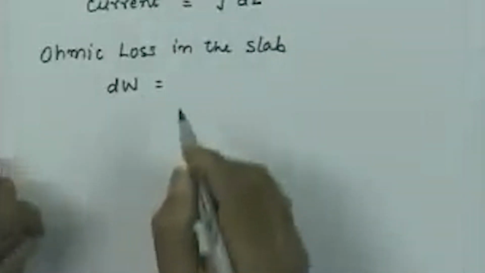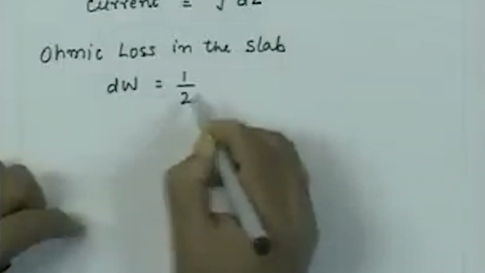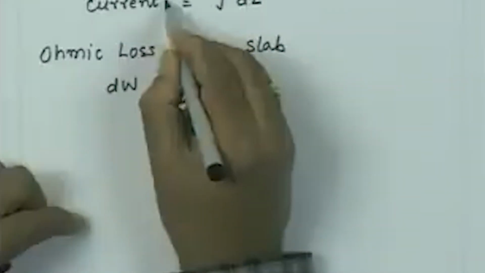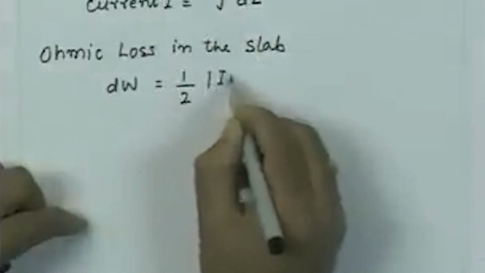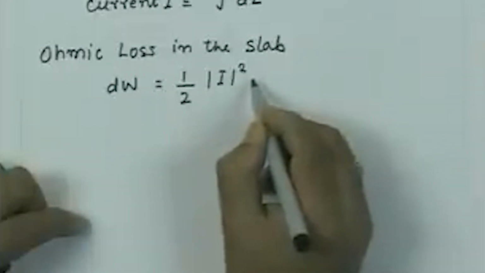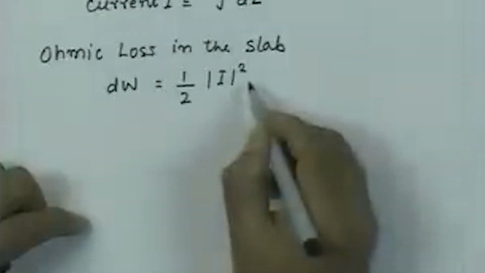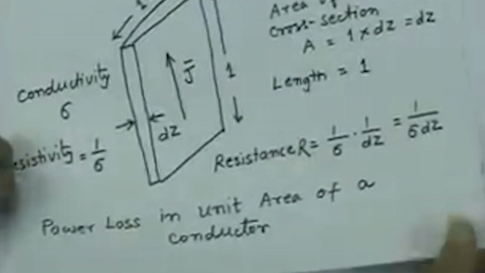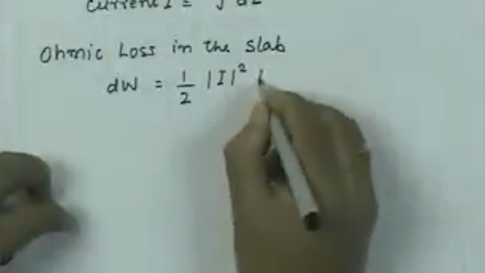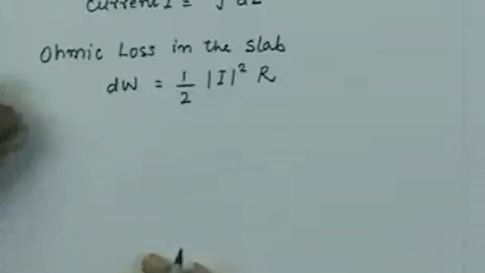Let us say that quantity is dW. That is equal to this current square multiplied by the resistance, so half mod I square times R, where let us say this current is I and the resistance is R.